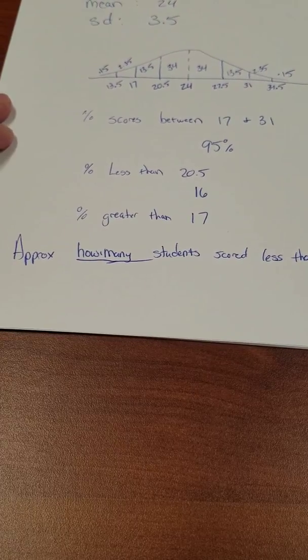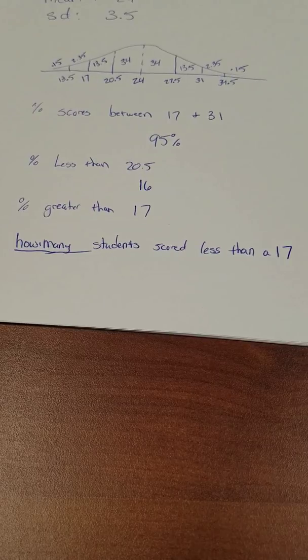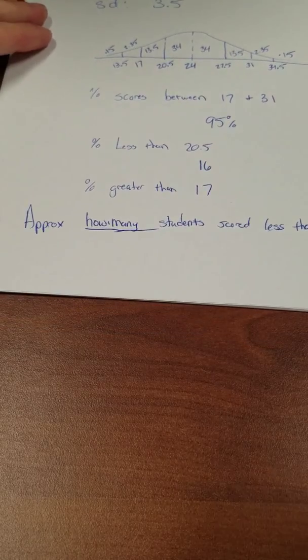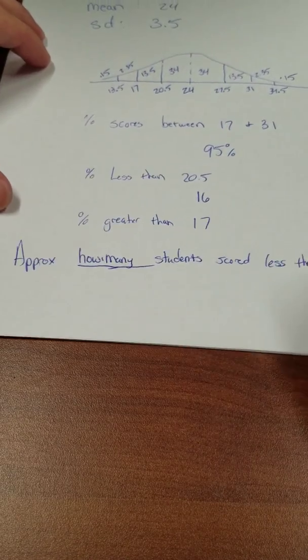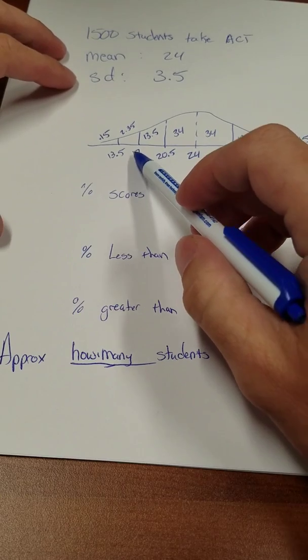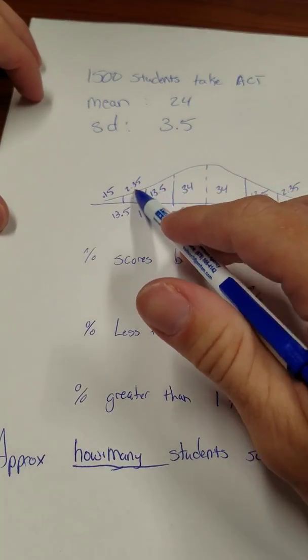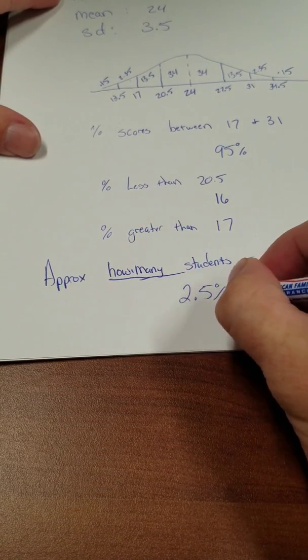Sorry, I know you can't see that entire thing. How many students scored less than a 17? This is a two-part question. First piece, figure out the percent. So what is the percent less than 17? So we go up to 17, less than means left. So 2.35 plus 0.15 means that is 2.5% of our data.